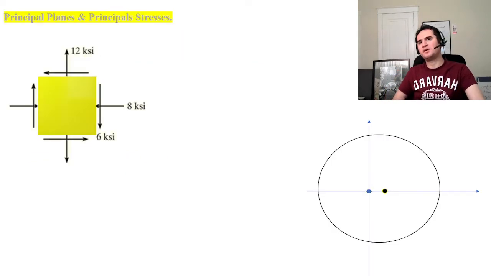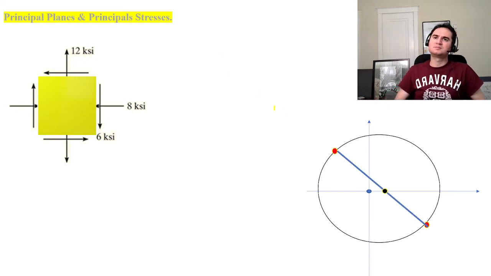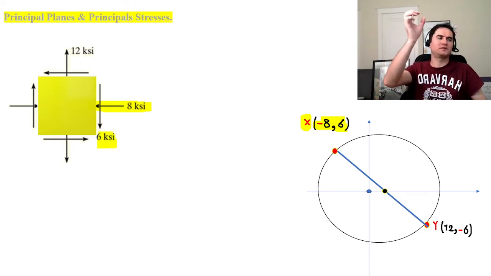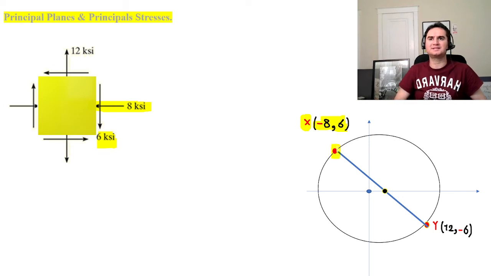We do know a 30 degrees in plane is 60 degrees, twice of that, in Mohr circle. Let's solve our problem. To draw the Mohr circle, it gives us an x of negative 8, which is a compressive stress, and a 6. The shear tends to rotate our element in a clockwise direction, so that's a point above the x-axis.